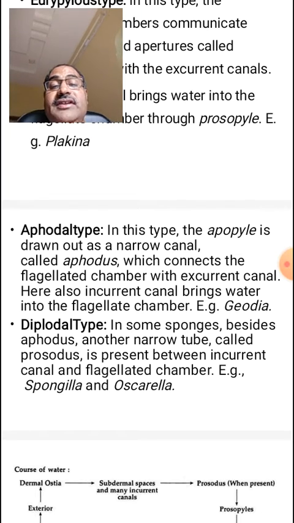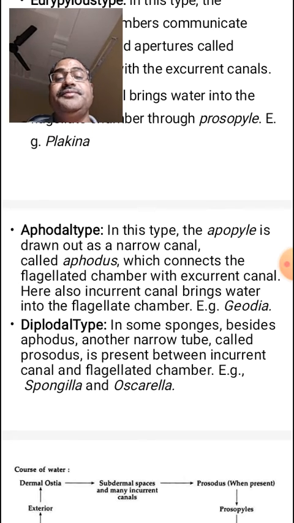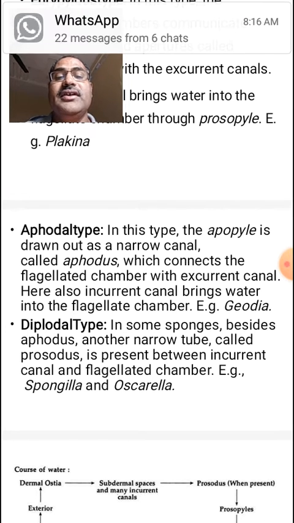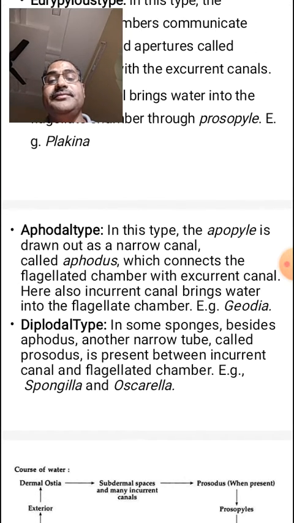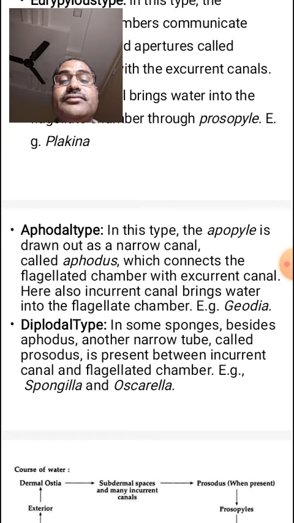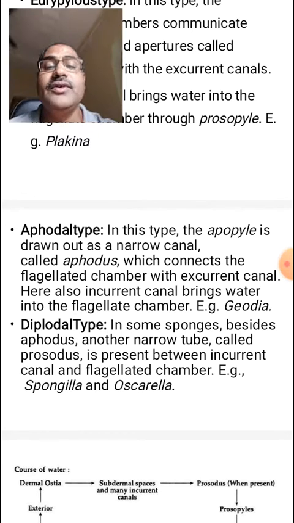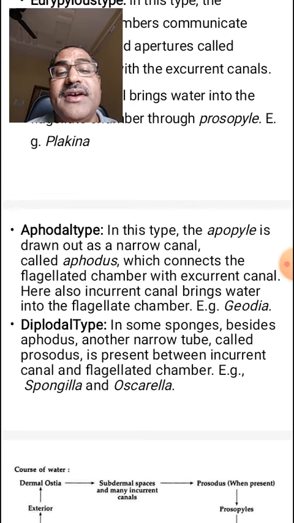The second one is the aphodal type and diplodal type. In the aphodal type, the apopyle is drawn out as a narrow canal called aphodus, which connects the flagellated chambers with the excurrent canal.